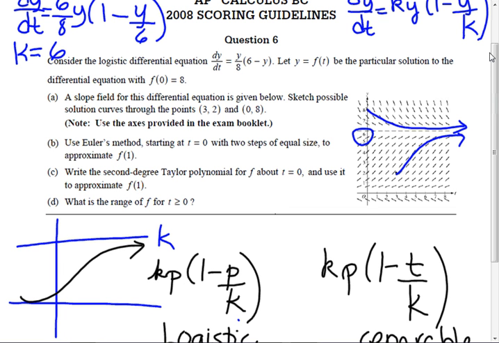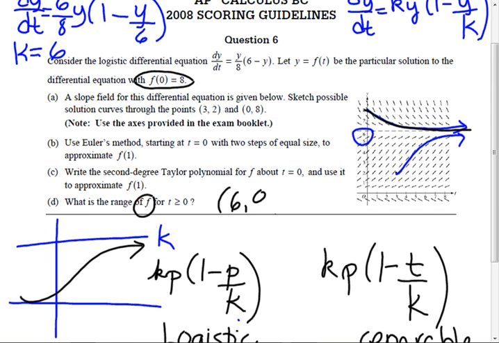I said, well, what's the range? Well, range is everything bigger than 0. No, read the question again. What is the range of the function? And my function is this one. No, in particular, it's that function that starts at (0, 8). What is the range for this? 6 to 8.